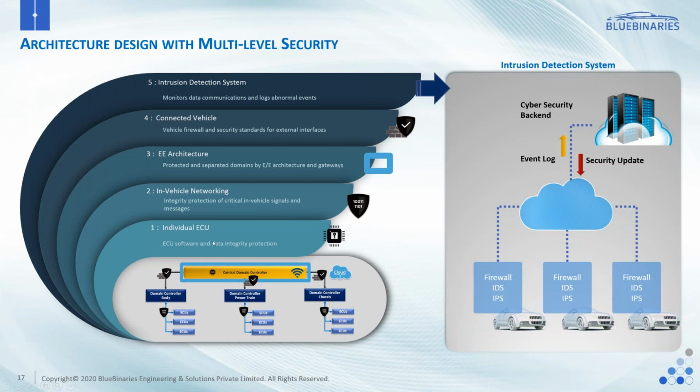You can have security at an individual ECU level, at the in-vehicle networking level, at the architecture level, and at the connected vehicle level, and you can also have a system which can detect anomalies and flag the errors via DTCs. So you can have different levels of security.